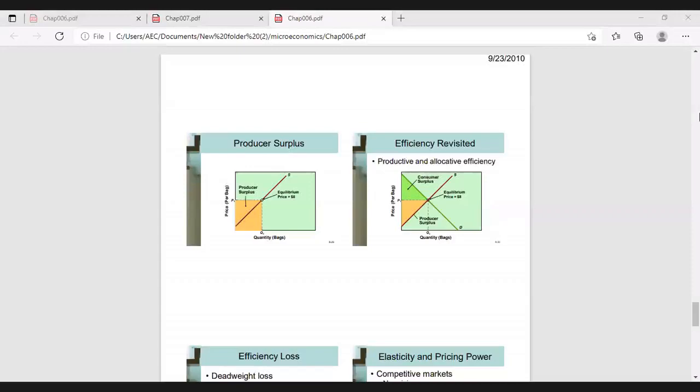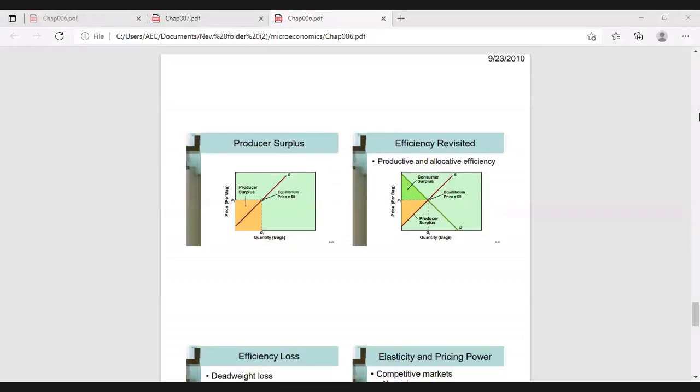So the sellers are willing to accept a minimum acceptable price. When marginal benefit equals marginal cost, we achieve allocative efficiency, and the consumers' willingness to pay and the producer's acceptable price are equal.